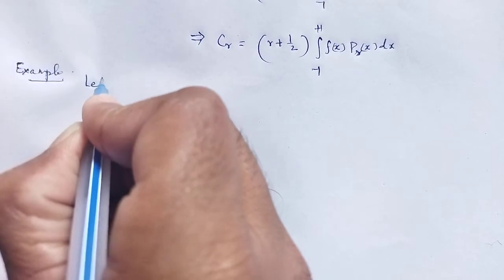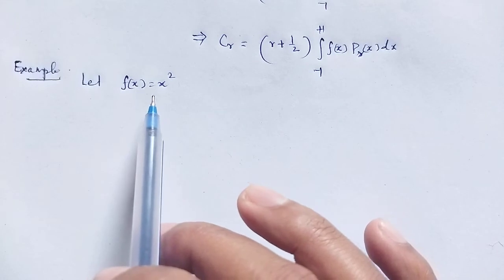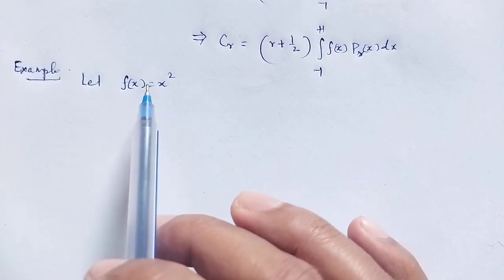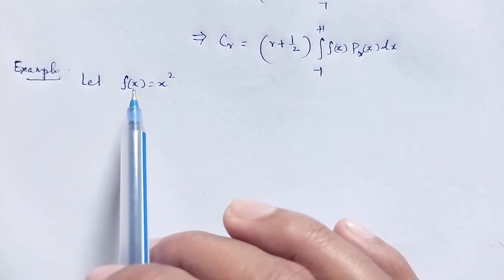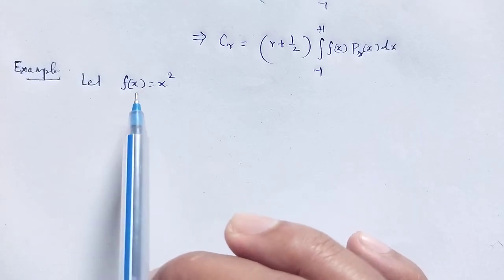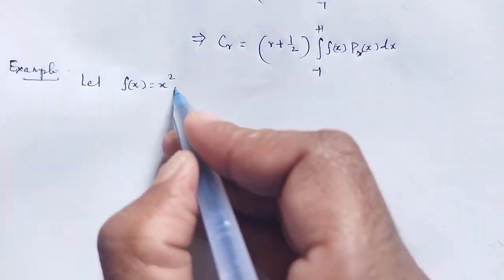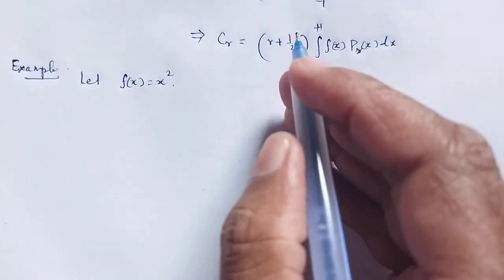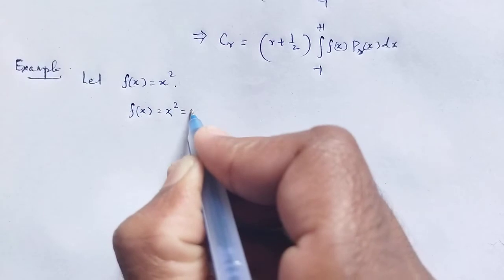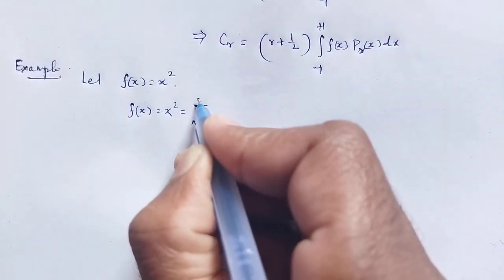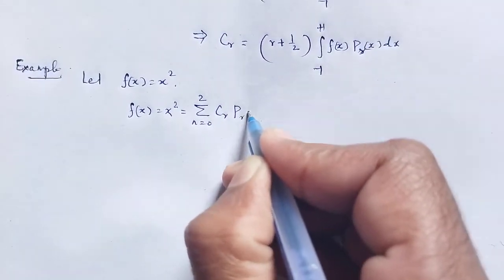Let f of x be equal to x square, a function of x that we can express in terms of Legendre polynomials. That is, x square is a polynomial of degree 2. So that function f of x can be written as the summation from r from 0 to 2 of C_r P_r of x.